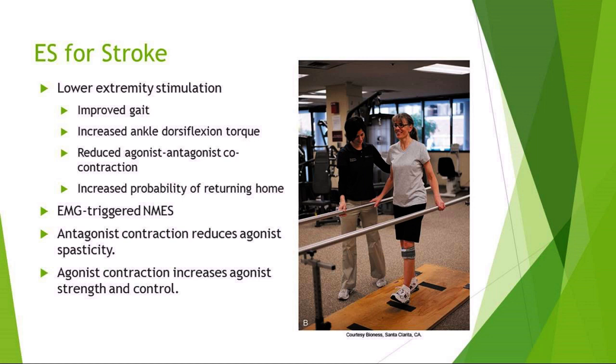There is EMG triggered NMES, so you might have a motion that triggers the electrical stim. In the case of the picture here, it's someone who has an FES device to stimulate dorsiflexors to improve her gait. Antagonist contraction reduces agonist spasticity. Agonist contraction can increase agonist strength and control. So you can have lots of different reasons for using NMES after someone's had a stroke.